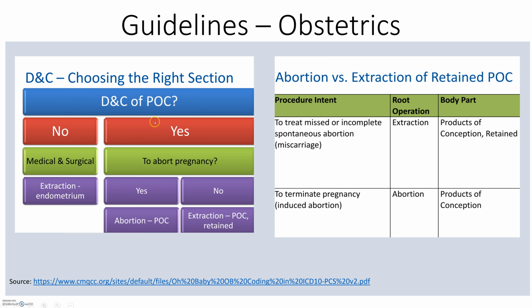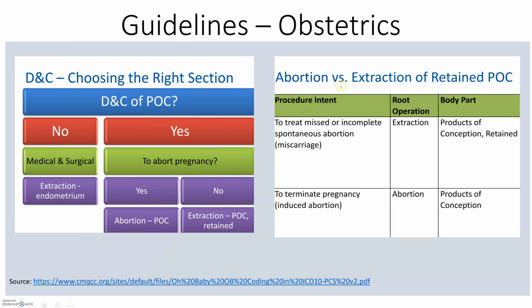If the D&C is on the products of conception, your next question, is it to abort the pregnancy? If the answer is yes, then it is abortion and the body part is products of conception. If it is not to abort the pregnancy, you use extraction and it's products of conception retained.